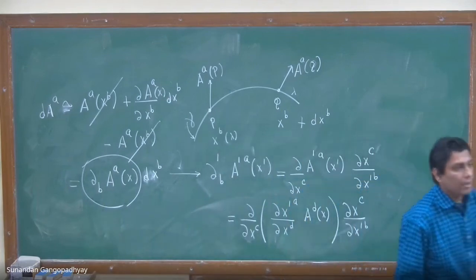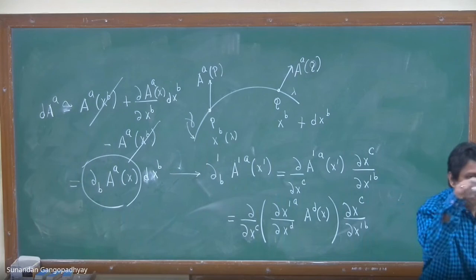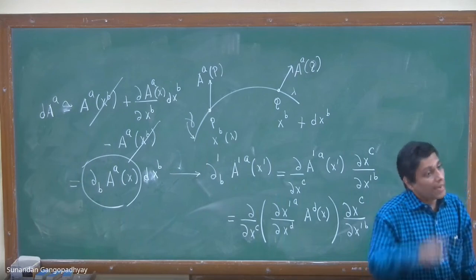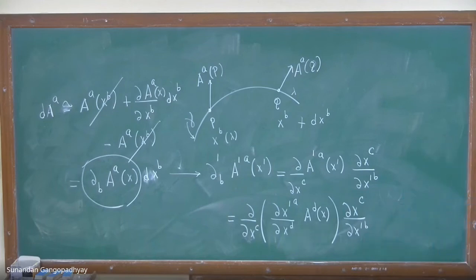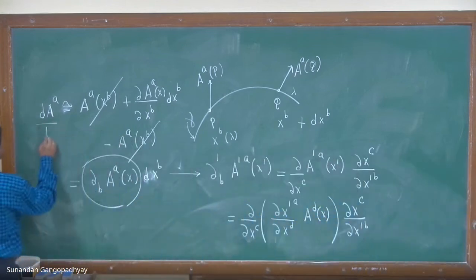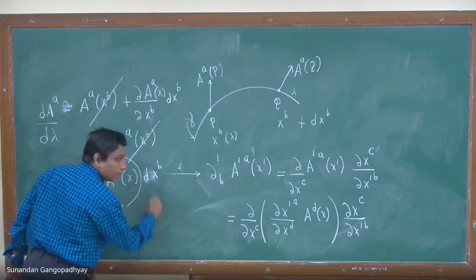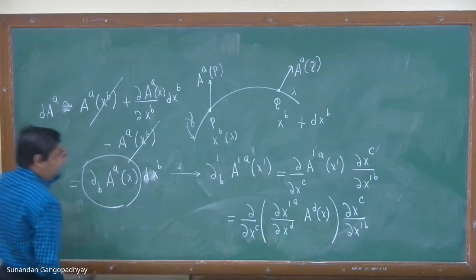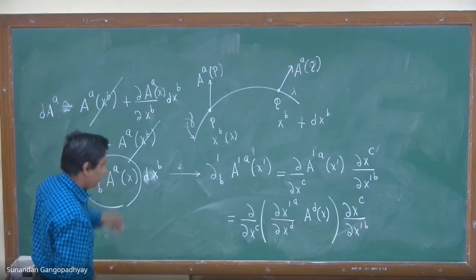A vector will come when you have differentiation, dx by d lambda, and that is a vector. But this is a differential.